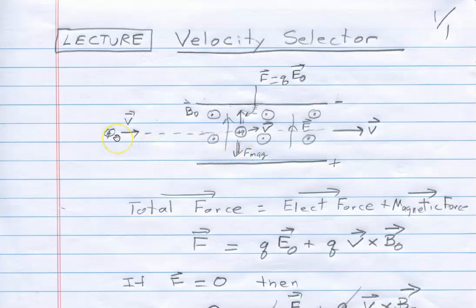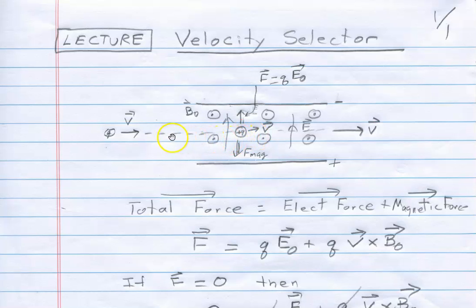Now, if it's going very slow, the magnetic force is weaker because it depends on the velocity, and the electric force is just a constant, so that's going to deflect it upward and it hits this plate. So if it's going too slow, it's going to deflect upward because the electric force will be stronger than the magnetic force for slow velocity.